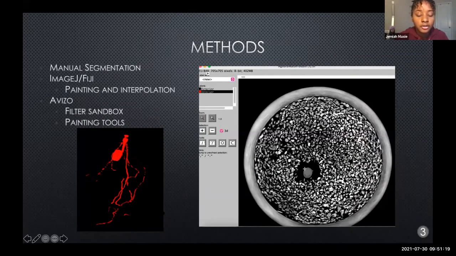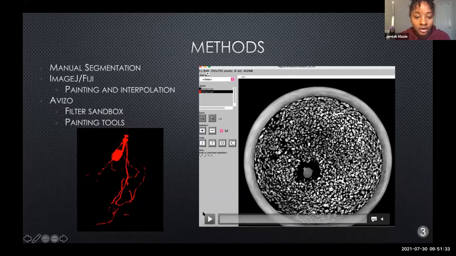I started the data analysis using ImageJ. We decided to go with manual segmentation because of the low image to noise contrast in the slice images like you see here. I got started with ImageJ using their painting and interpolation tools.